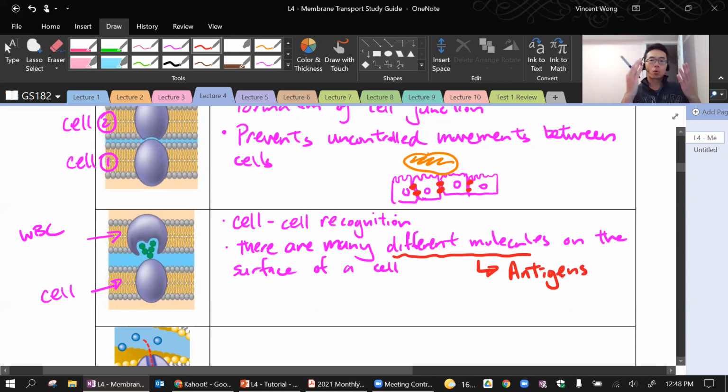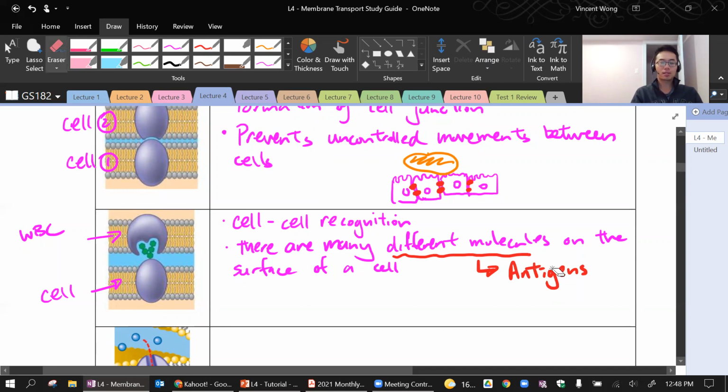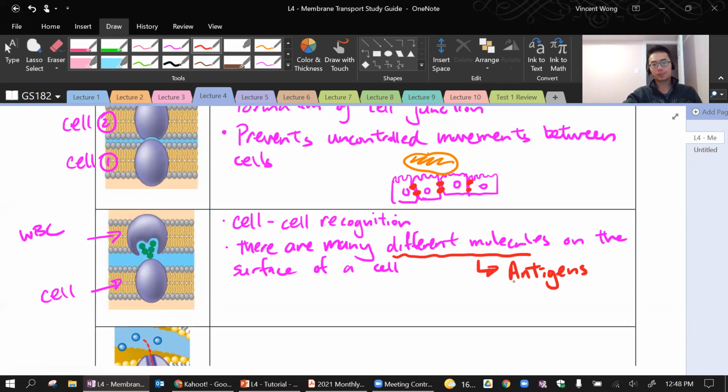So how do your white cells, which are the cells that do the defense for your body, know which cell belongs to your body and which does not? Well, they check their antigens. If the antigens are the same as all the other antigens in your body, then they will leave those cells alone.